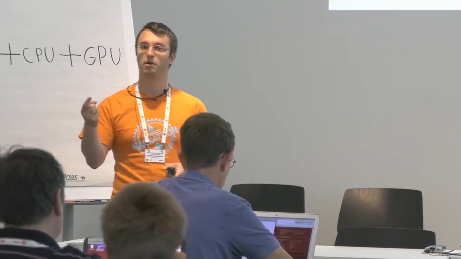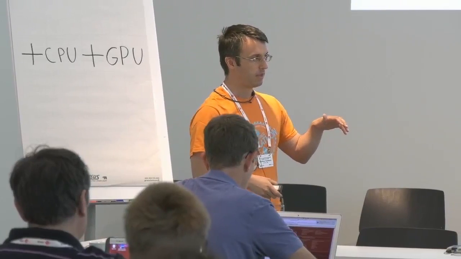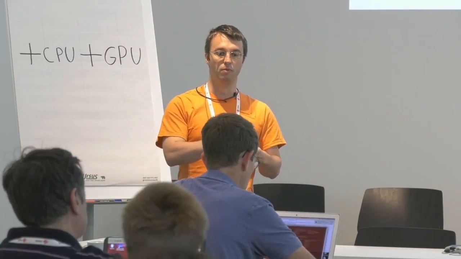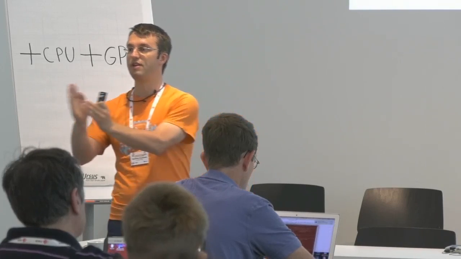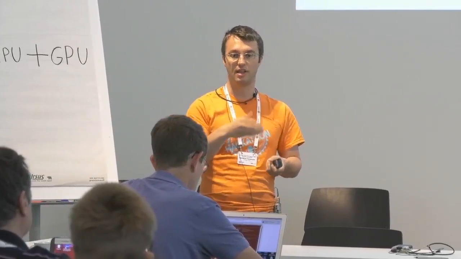Has anybody heard about the pipeline? What is the processor pipeline? When you execute an instruction, the instruction is split in several small phases, and there is dedicated hardware that executes each phase.